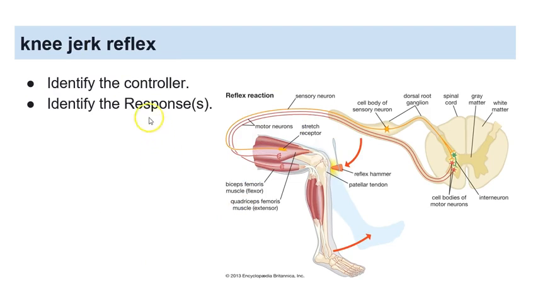For example, for the knee-jerk reflex, let's review all of the components. So we are going to stretch the length of the quadriceps femoris muscle, and then the stretch receptors, also known as muscle spindle receptors, within the quadriceps femoris muscle are going to send the signal to the spinal cord, which means our controller is the spinal cord.